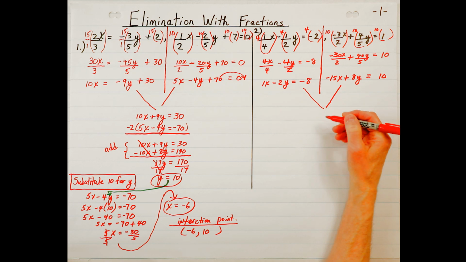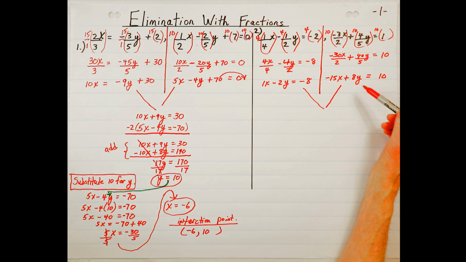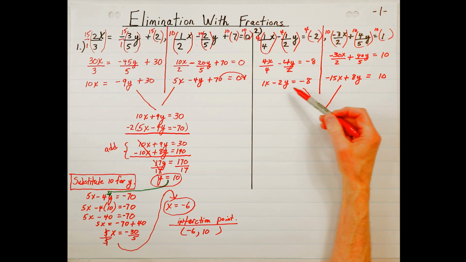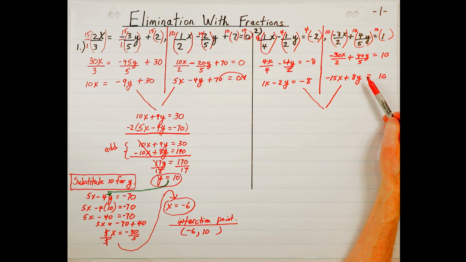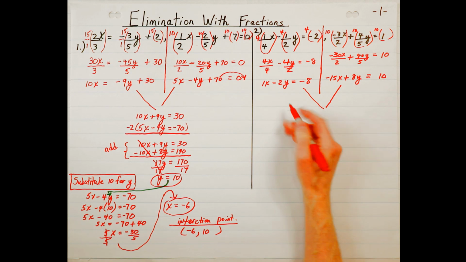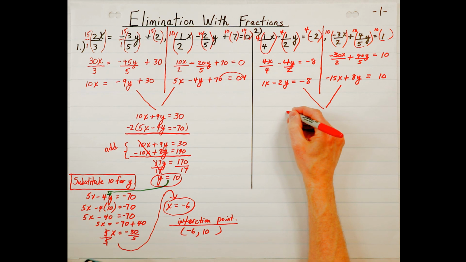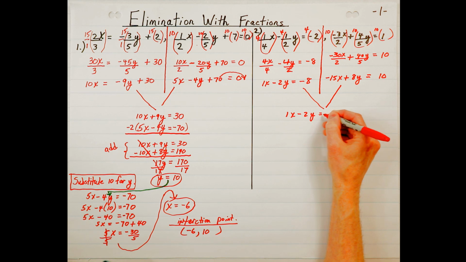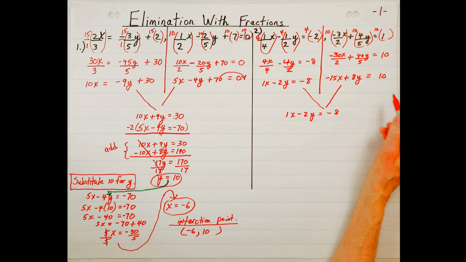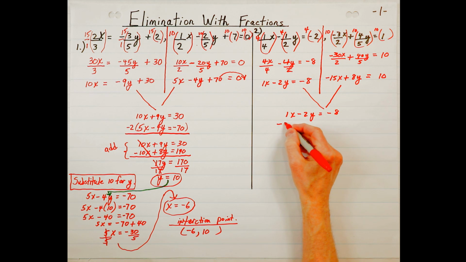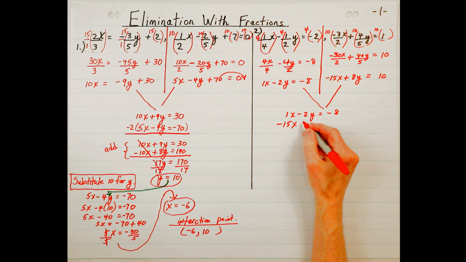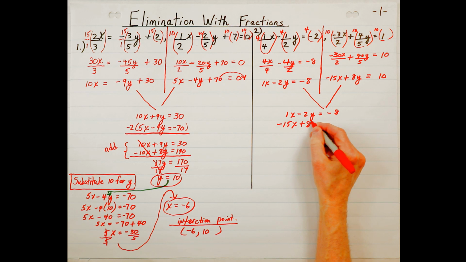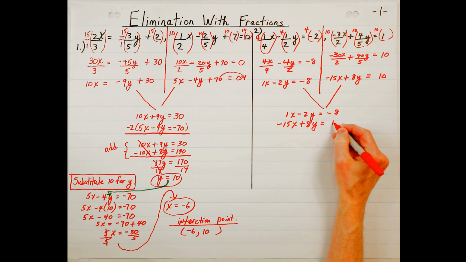So what I'm going to do now is put one of them on top of the other one. They're both already in the same order, so I don't have to worry about that. So here we go. 1x minus 2y equals negative 8. And negative 15x plus 8y equals 10.